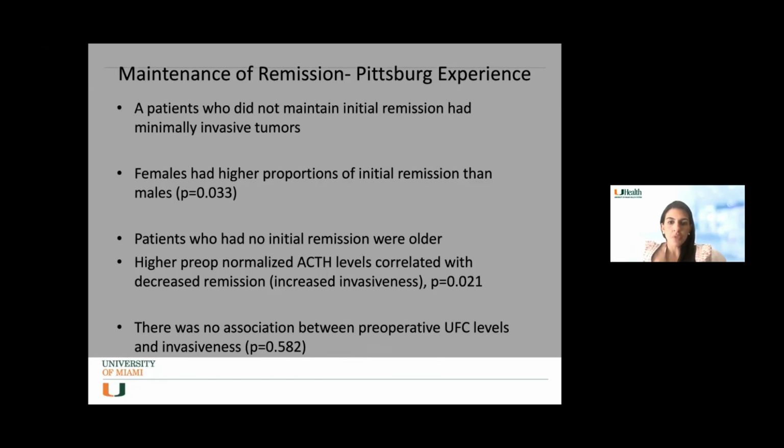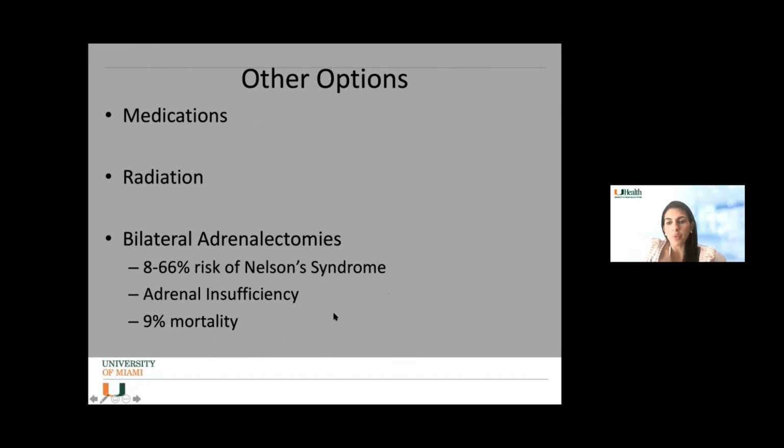I will just skip over this. This is just talking about older patients and females, and also pre-op levels of ACTH, which correlate with decreased remission, okay?